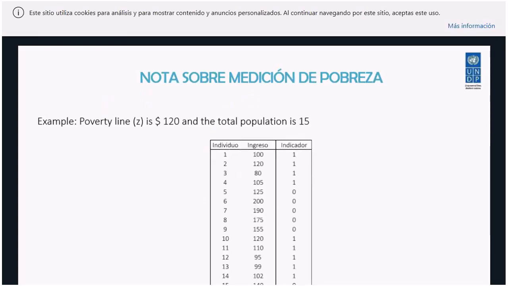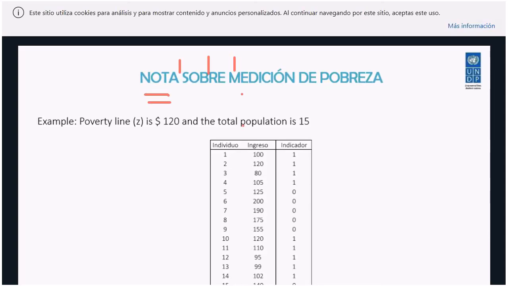And if you work with a household survey in which these are your rows and these are your columns, instead of counting and identifying with the finger who is poor and who is not, you can create another variable with entries of ones and zeros, where 1 identifies an individual as poor, whereas a 0 identifies an individual as non-poor.